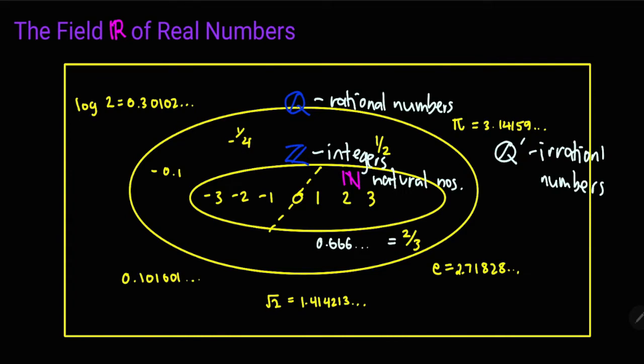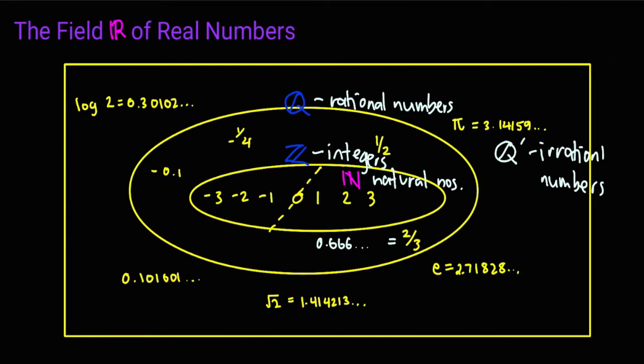Other irrational numbers are the Euler number e, approximately 2.71825, but of course these digits will not terminate. We also have the square root of non-perfect square numbers like the square root of 2, approximately 1.414. Or the logarithm of 2, that's 0.30102 and so on.